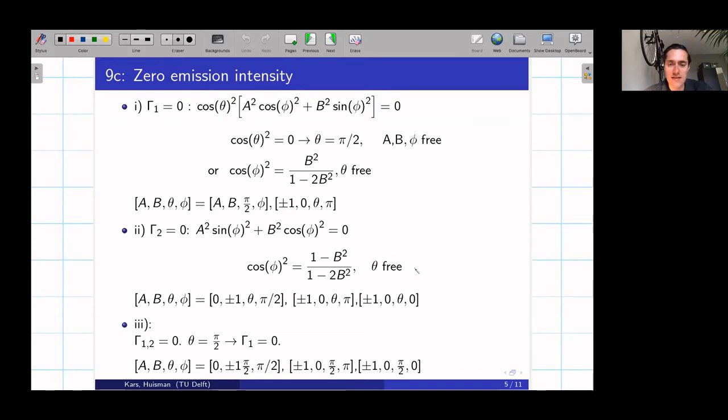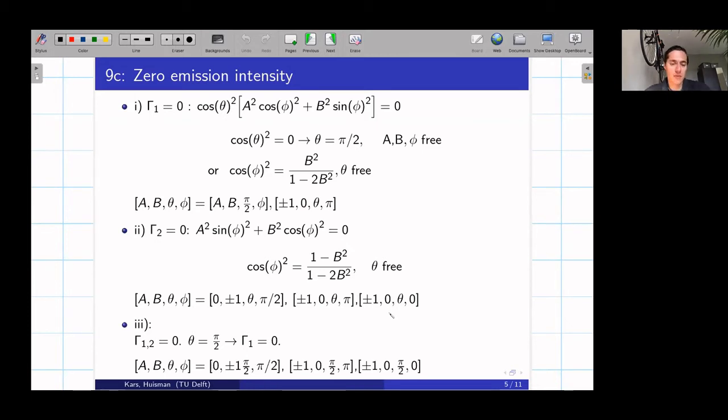And in this case, theta is free to pick, so I wrote down again some solutions here. So you can have a is plus or minus 1, then b is 0, theta is just 3, and phi is pi. And there are more possible solutions written down here.